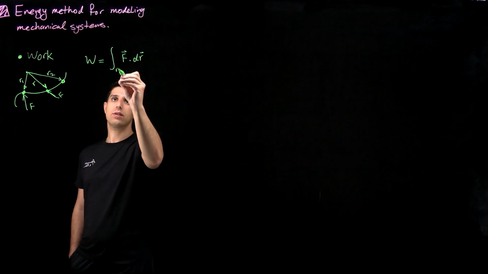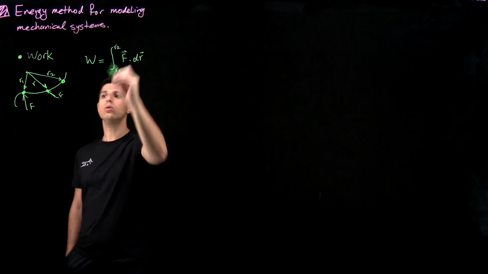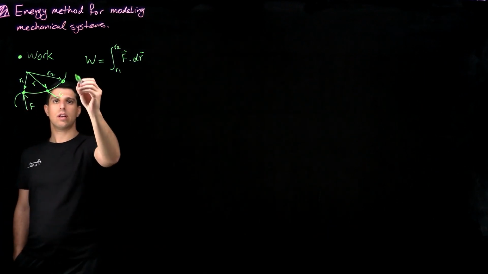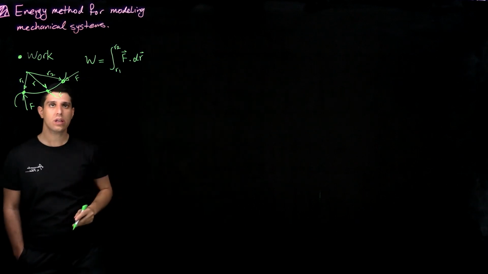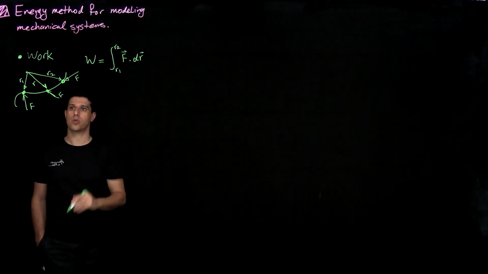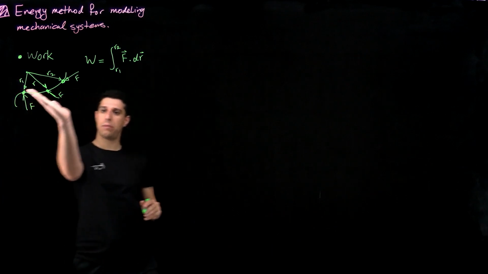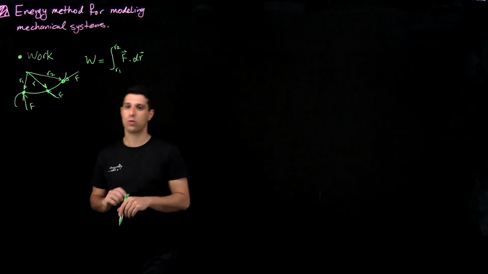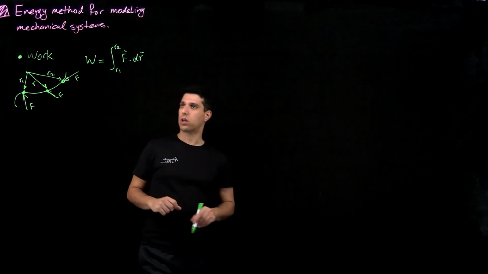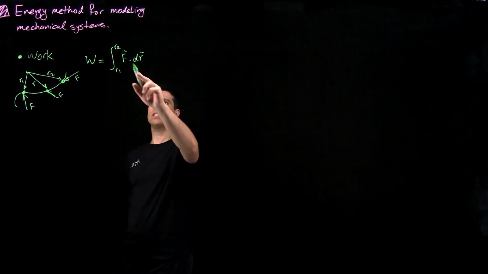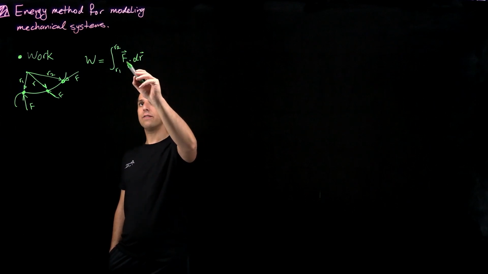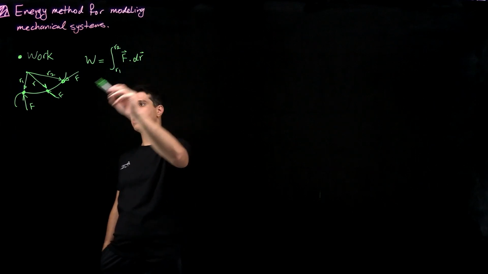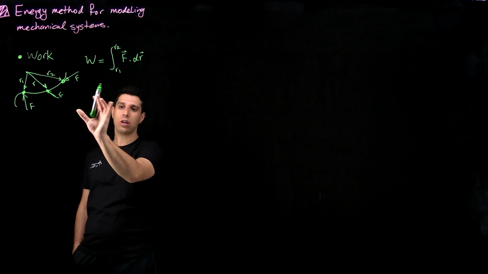And taking this integral from R1 to R2 gives me the amount of work this force is doing during this motion. So it starts here, maybe it rotates and moves to that point. This is work.